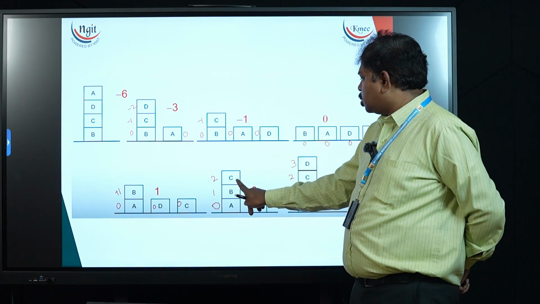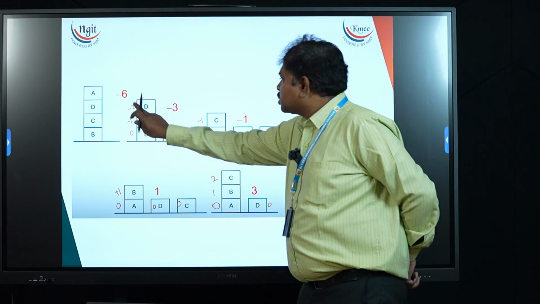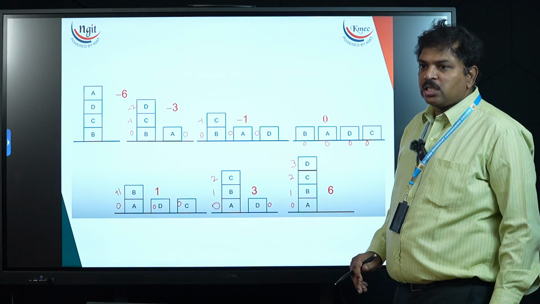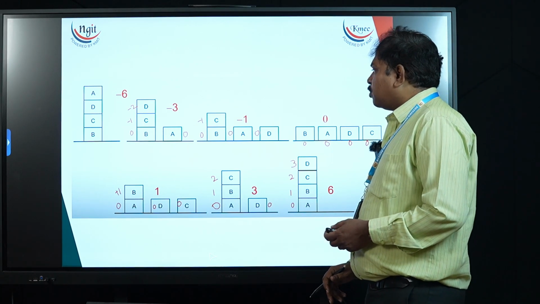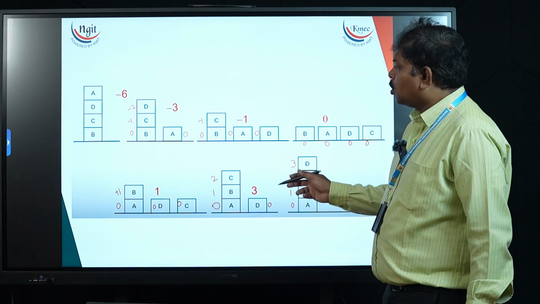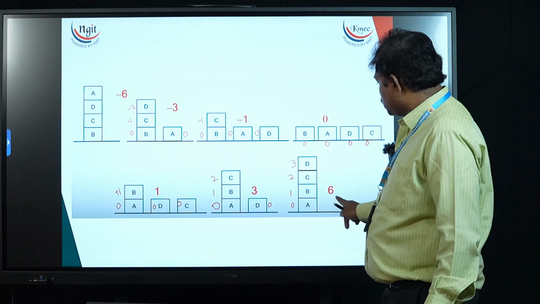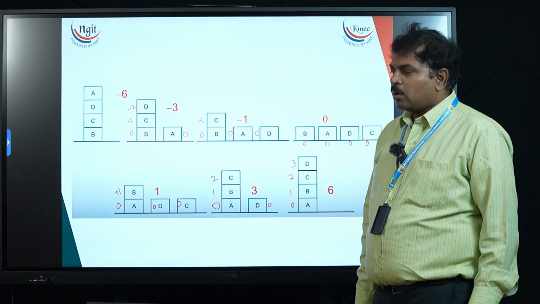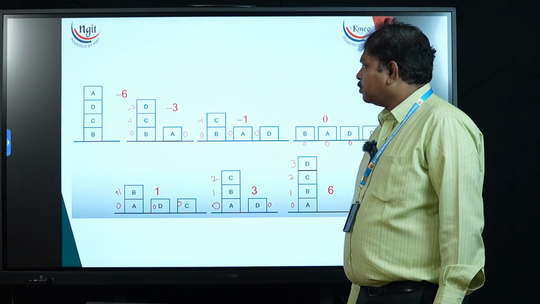Again when I placed C, it is 2. I started from -6 and went to 6. A slight change in assigning the values of the heuristic function takes me from the starting state to the goal state. Here I reached 6, which means I achieved the global maximum position. That means I solved my problem successfully.